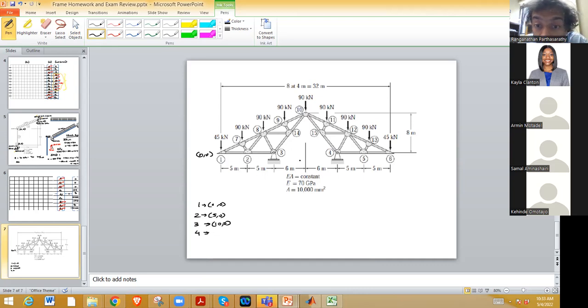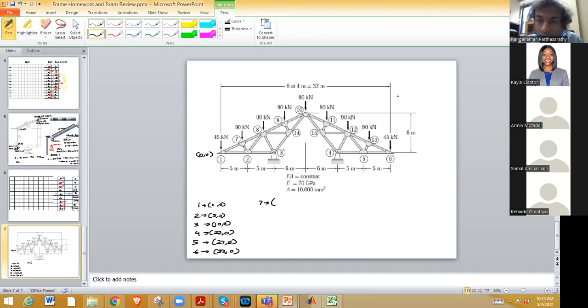Where is 4? Here. 4 is 16, 0. 5 is 22, 0. 6 is 27, 0, 32, 0. 7 is, and this is 8.